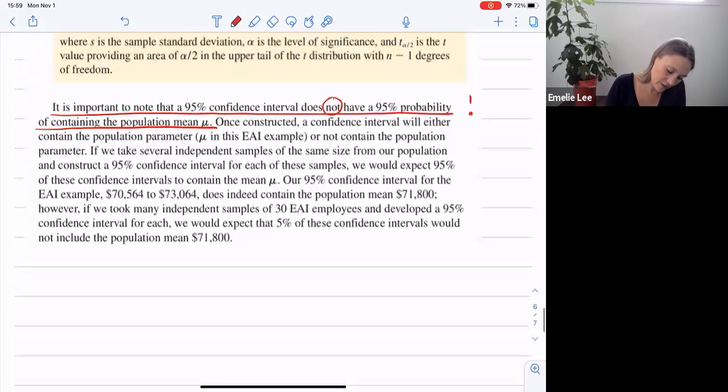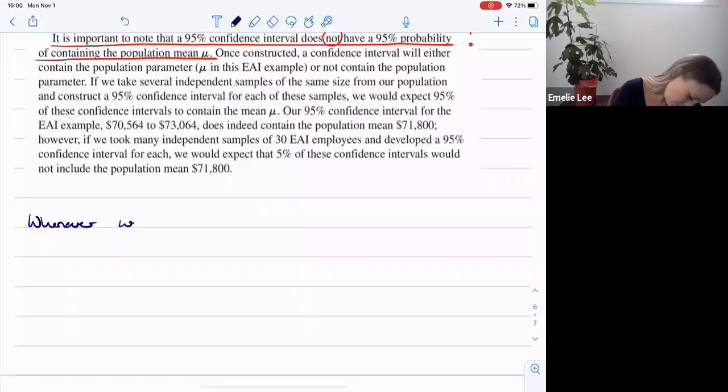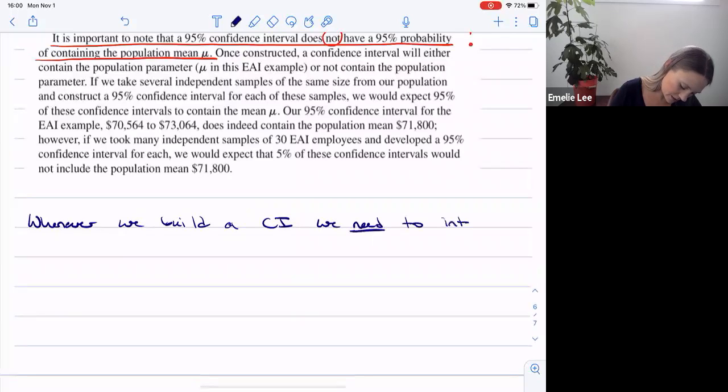Okay. And so whenever you build a confidence interval, you're going to need to interpret the confidence interval. So whenever we build a confidence interval, and maybe I'll just write CI here, we need to interpret the interval.